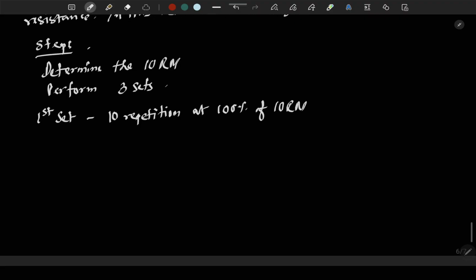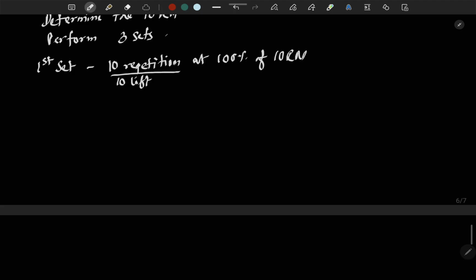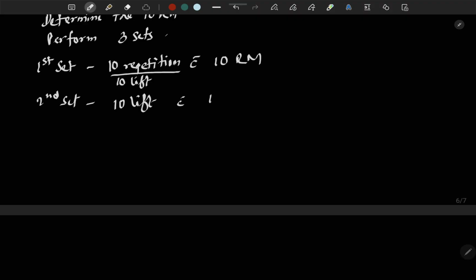Ten repetitions or 10 lifts. Okay. Next, second set is 10 lifts again with 10 RM minus 1 pound.